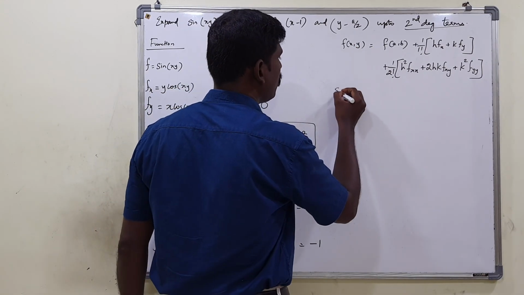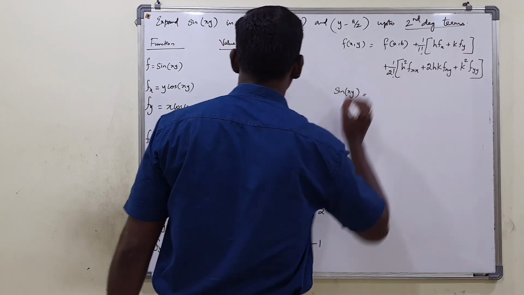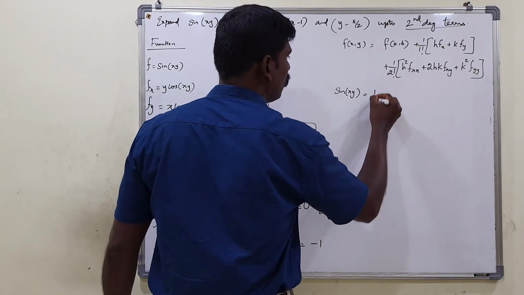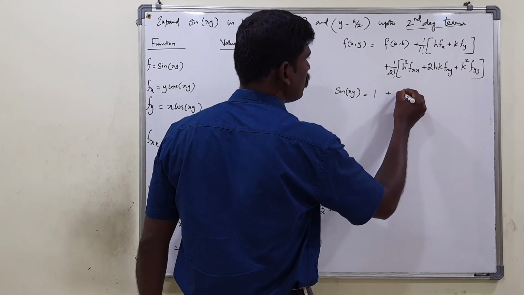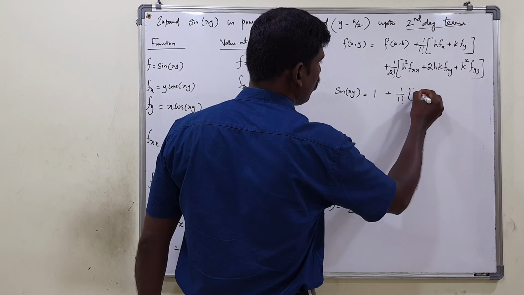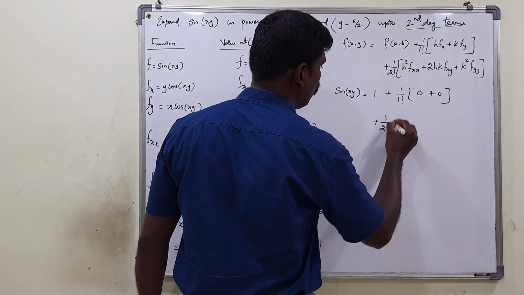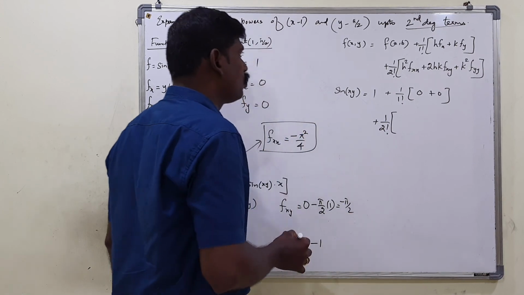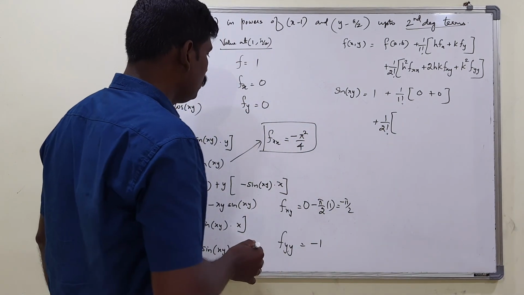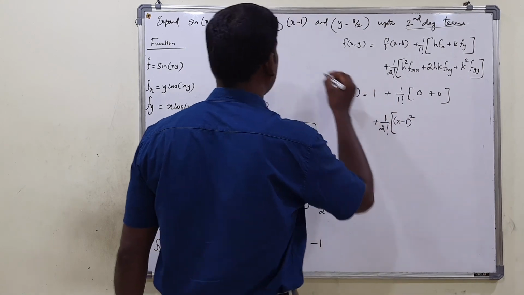What is f of x comma y? Sin of xy. What is f at the point? It is 1. Plus the entire first-order term becomes 0. 1 by 1 factorial into 0 plus 0, plus 1 by 2 factorial into h square. h square is x minus 1 the whole square, isn't it? h is x minus 1.